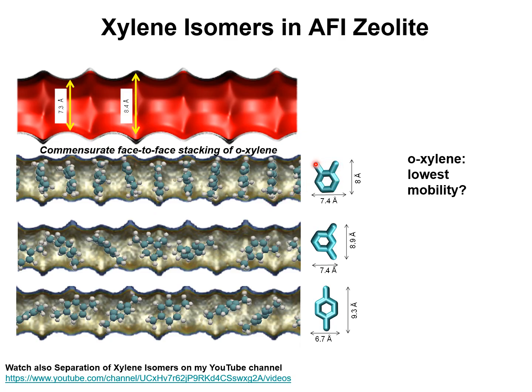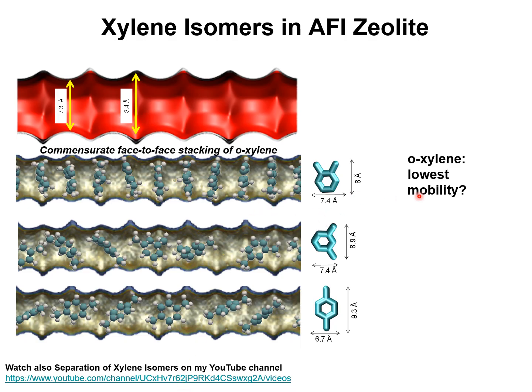Orthoxylene molecule has a structure that can locate very nicely within these grooves in a face-to-face stacking similar to the potato chips in a Pringles basket. So we have face-to-face Pringles-like stacking of orthoxylene. Metaxylene and paraxylene cannot locate in the same manner, and they have a much longer footprint within the one-dimensional channel.